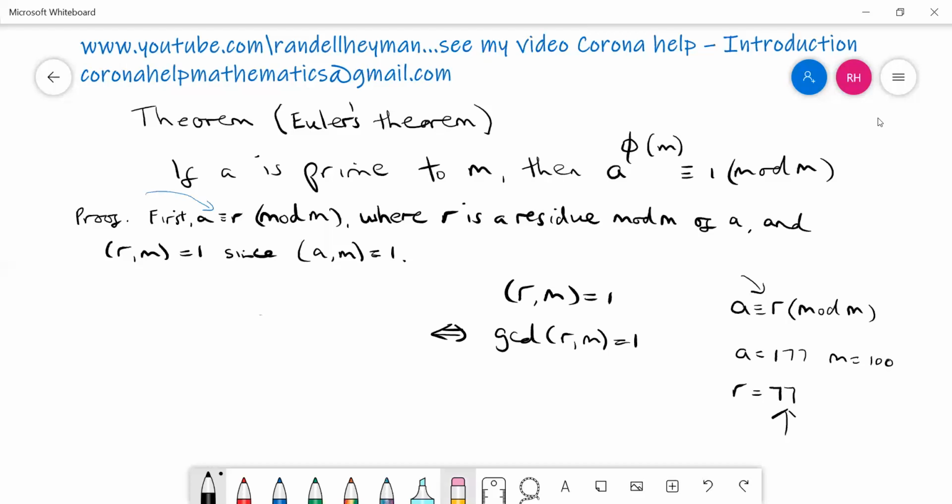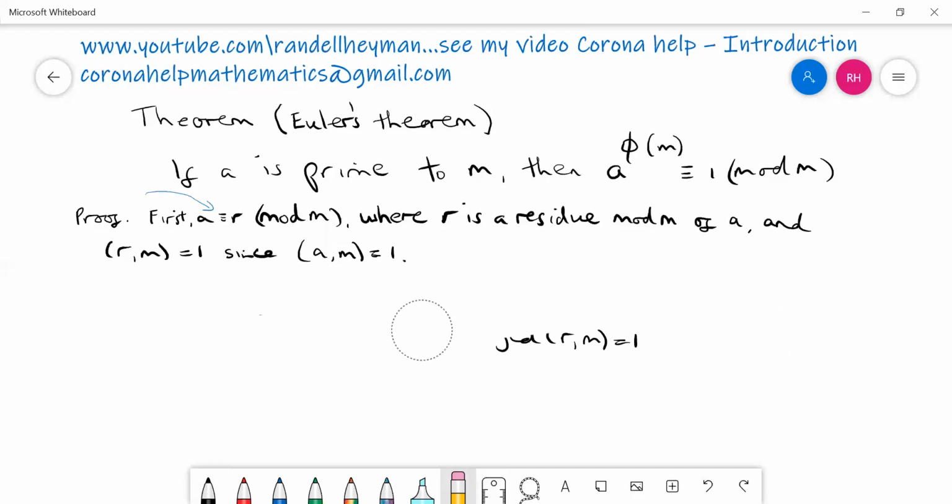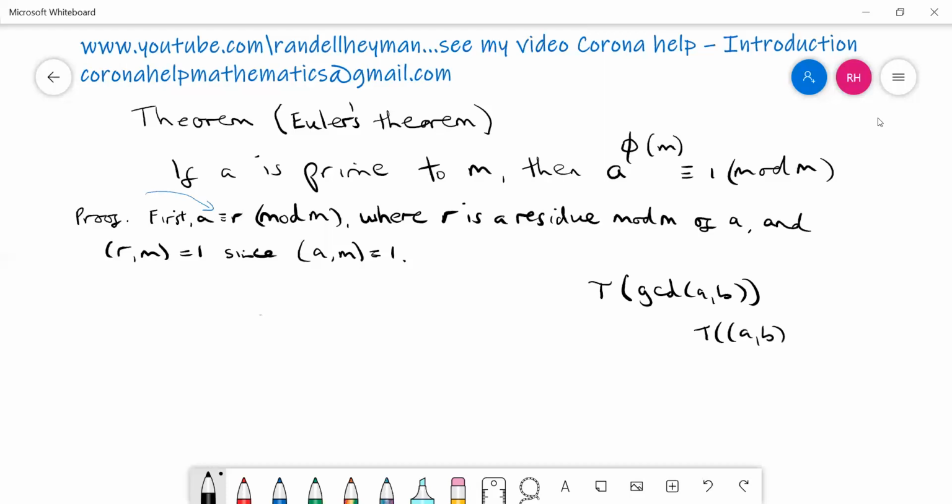It also makes things nicer when you have complicated equations. For example, recently I was looking at tau of the GCD of A and B. The A and B are different to what we're talking about here, but in some respects it's easier to write it like that.